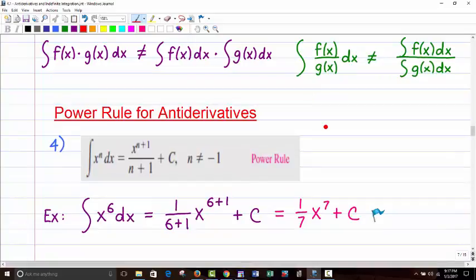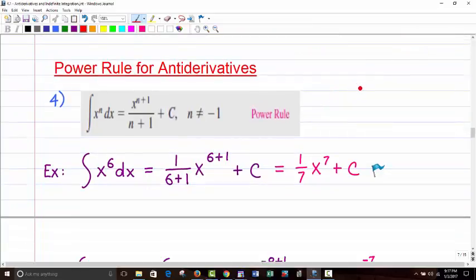Now the power rule for antiderivatives, so you don't have to always do these in your head and figure out what they're going to be. The integral of x to the n will be x to the n plus 1 divided by n plus 1, plus c, but n cannot be negative 1.